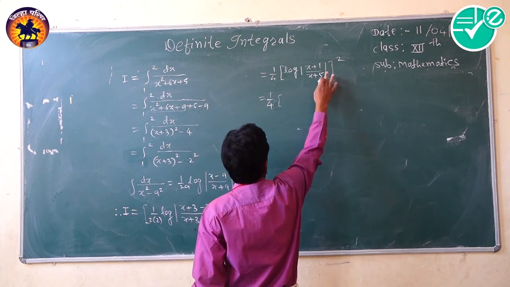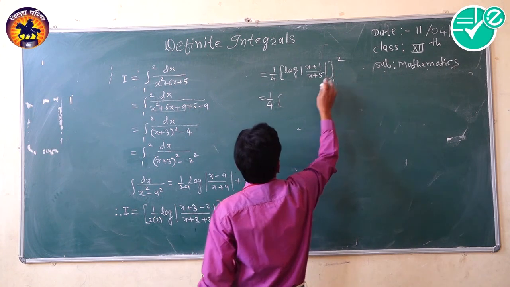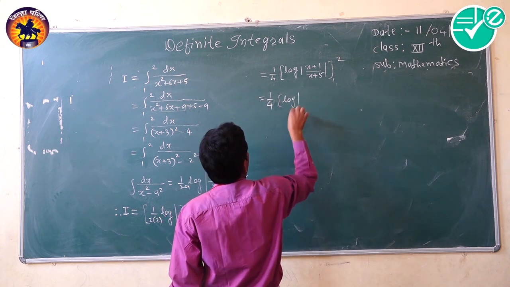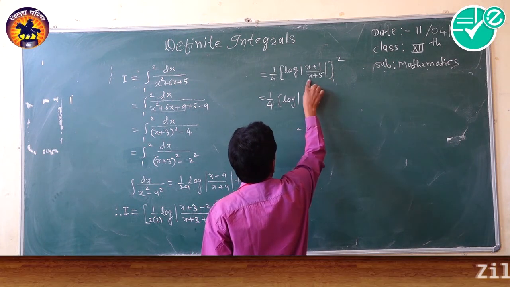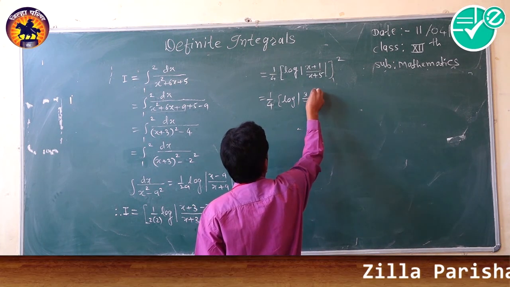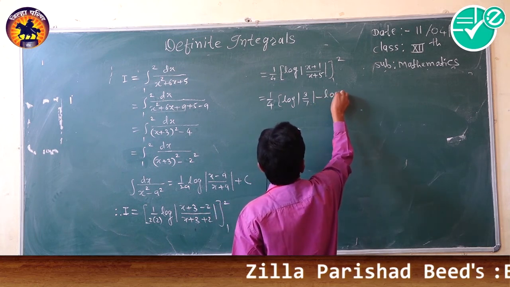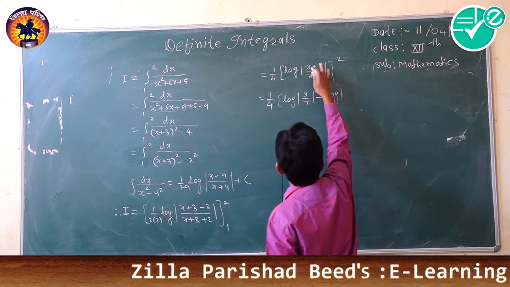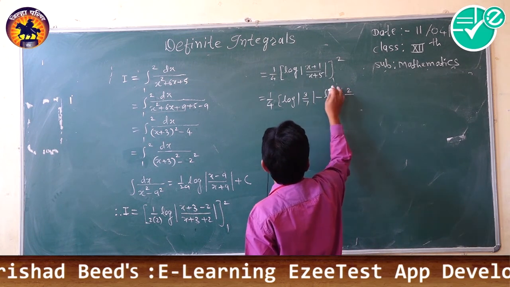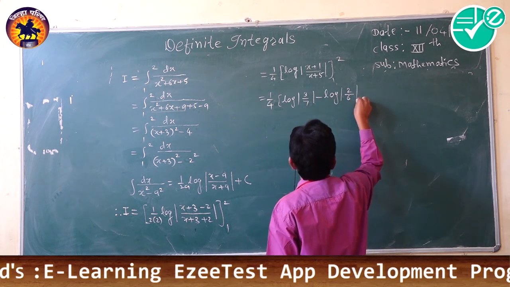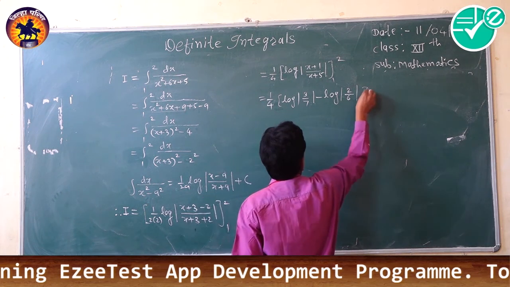1 by 4 as it is, into substituting upper limit, value of x is equal to 2, log of 2 plus 1, 3, divided by 2 plus 5 is 7, minus lower limit, log of, put here value of x is 1, that is log of 1 plus 1, 2, divided by 1 plus 5 is equal to 6. Bracket complete.